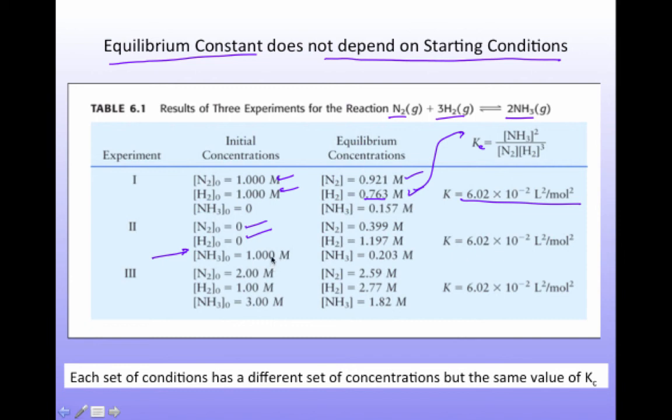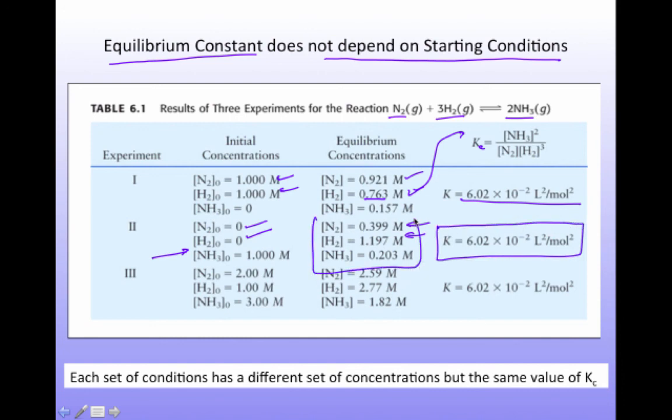And now the reaction actually goes backwards, and it generates nitrogen and hydrogen. And again, it makes 3 times the hydrogen compared to nitrogen because there are 3 moles of hydrogen for every nitrogen that is formed. I plug all of those into the mass action expression, and I get the same number.